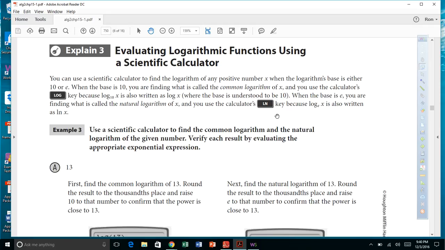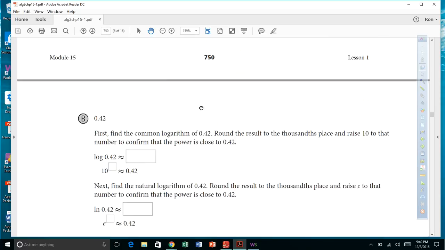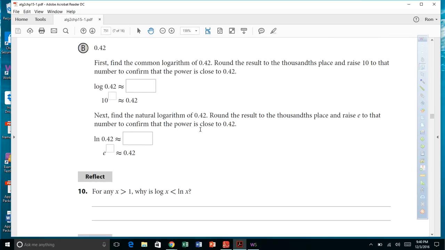When the base is e, you are finding what's called the natural logarithm of x, and you use the calculator's natural log key, because log base e of x is also written as the natural log of x. All right, so you go ahead and do A, and then when you get back, we'll do B.